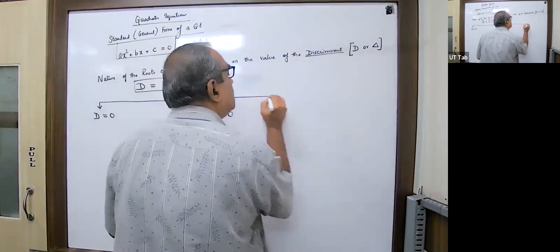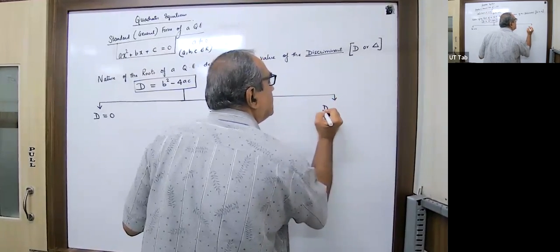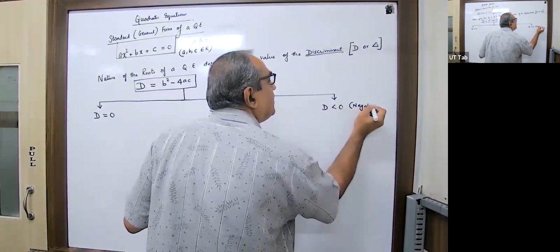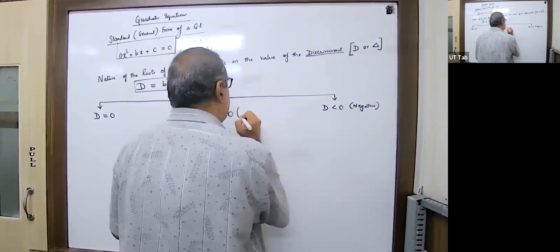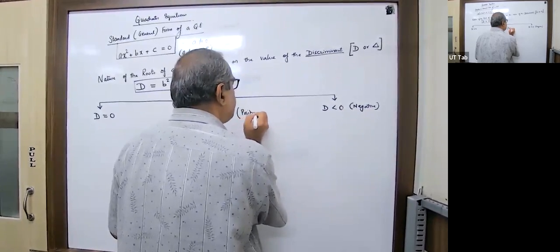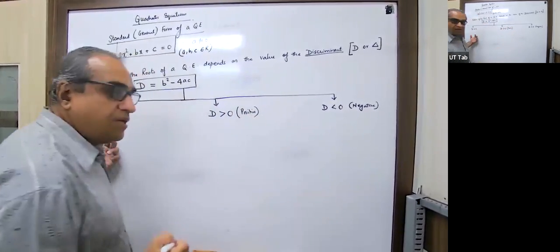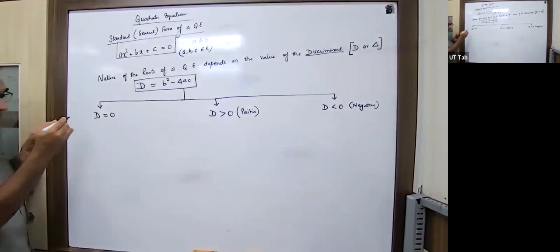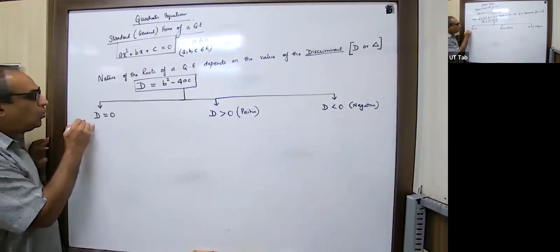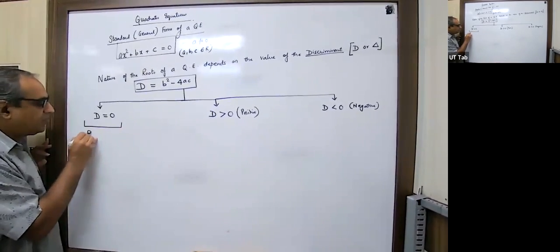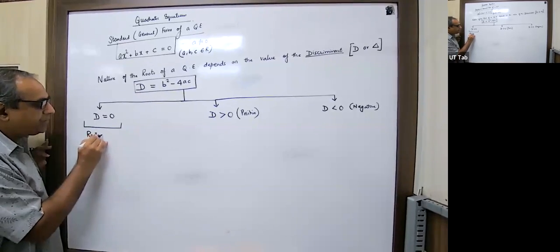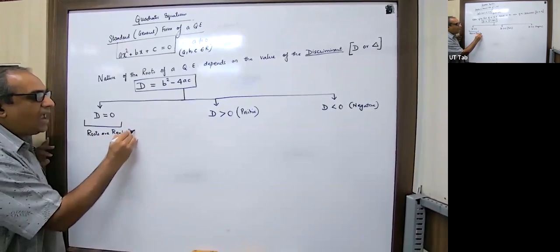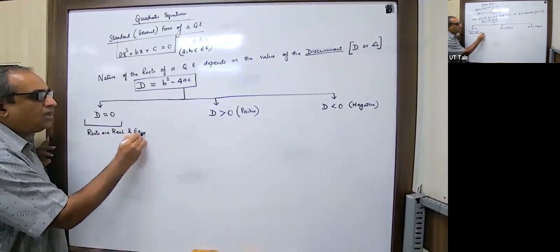Or this discriminant may be less than 0. मतलब negative. ये greater than 0 मतलब positive. 0 is neither positive nor negative. When the discriminant is equal to 0, we say that the roots are real and equal.